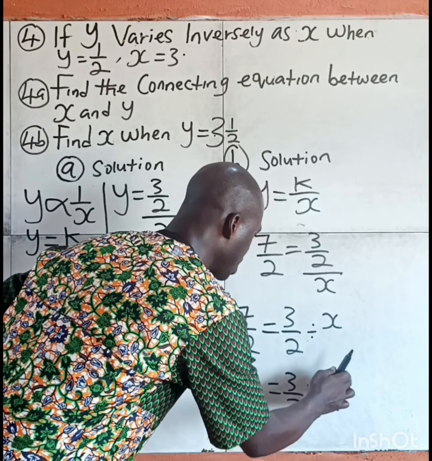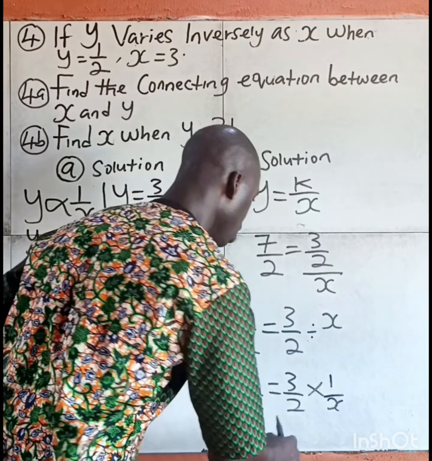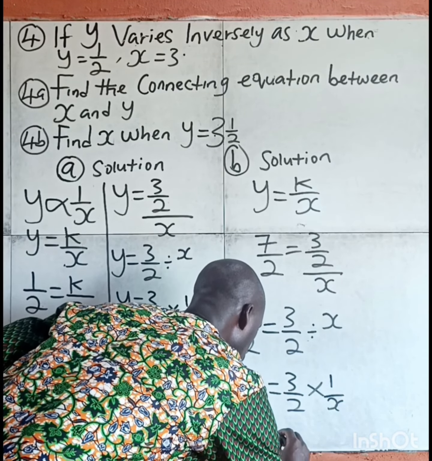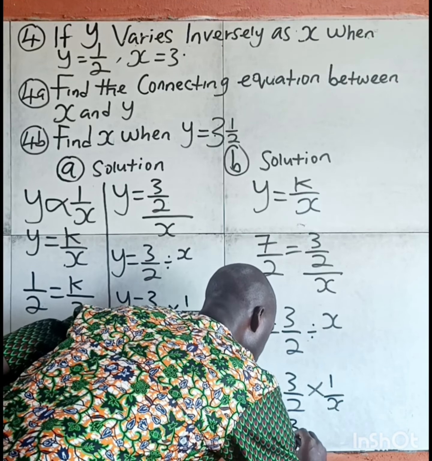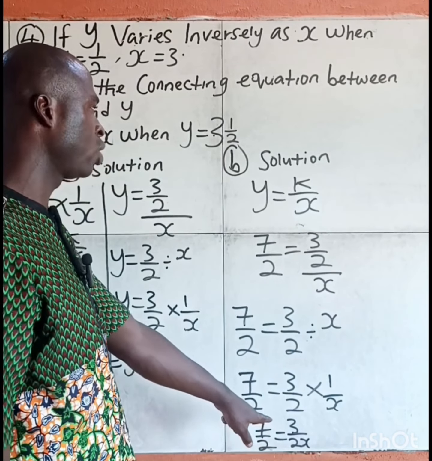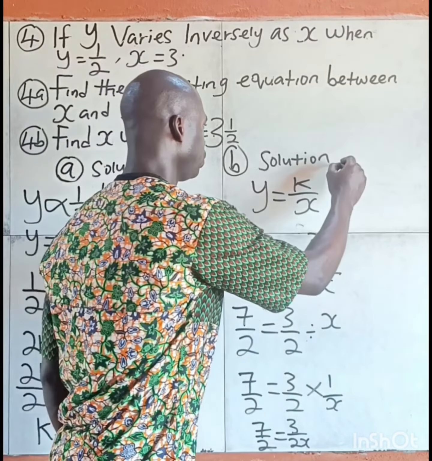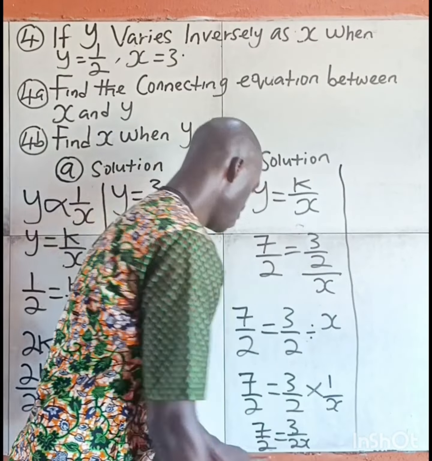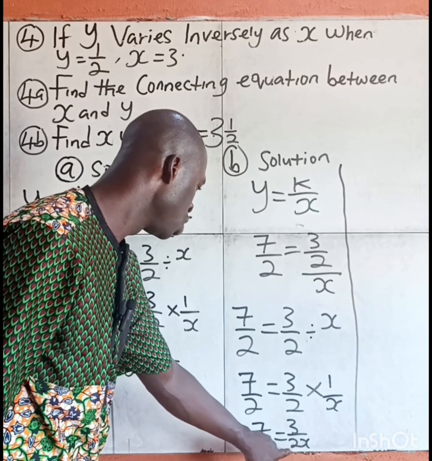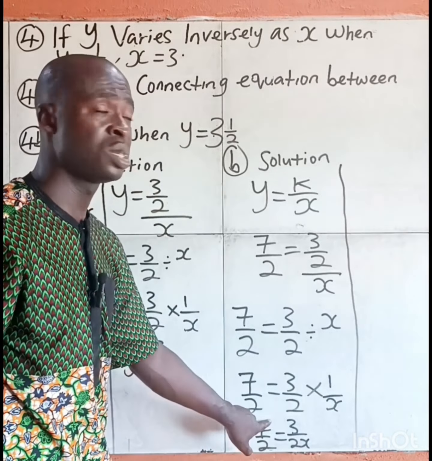So let's go. 3 times 1 is going to give me 3. 2 times x is going to give me 2x. So I'll have 7 over 2 is equal to 3 over 2x. From this angle, we are not done solving. We are simply going to cross multiply. So 2x is going to times 7.